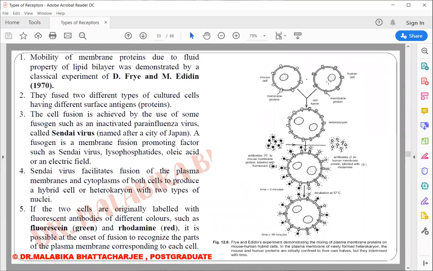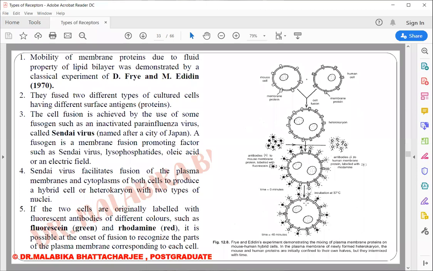The first step of this experiment was that the mouse cell and the human cell were fused to produce a heterokaryon, a hybrid cell. Now, the mouse proteins were labeled with green fluorescence, and the human proteins were labeled with red fluorescence. Time was 0 minutes, and the cells were incubated at 37 degrees centigrade.